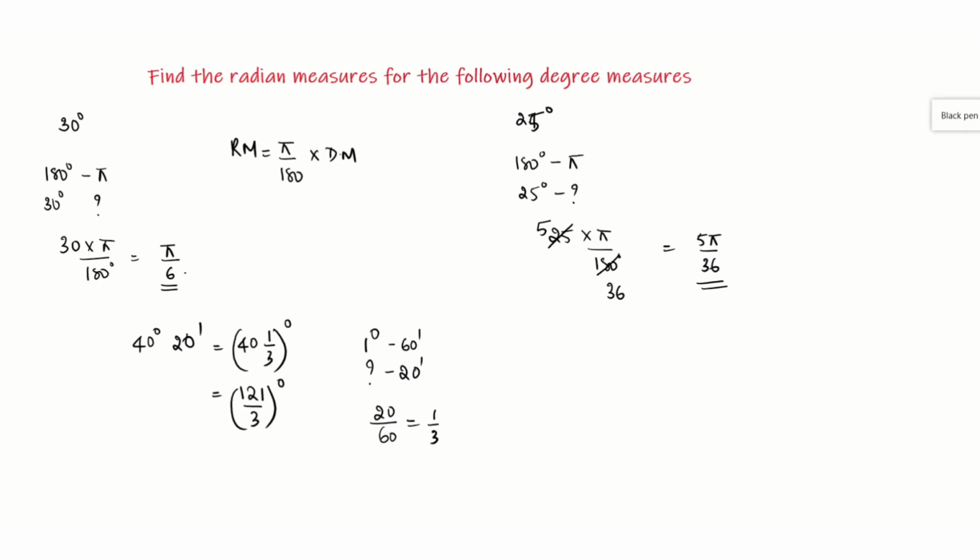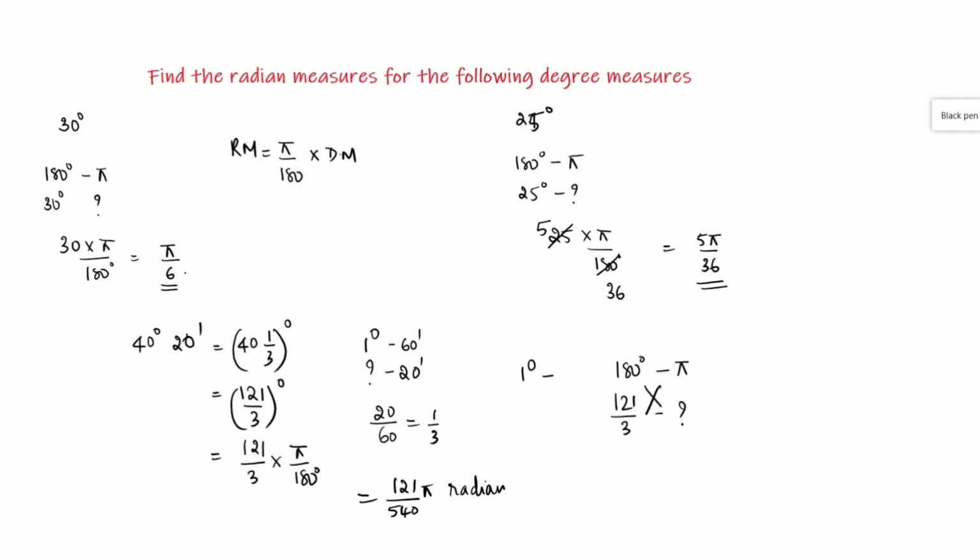Now let us convert this into radians. So we have 180 degrees is equal to pi radians. 121 divided by 3 is how many radians? We simply cross multiply. Our answer will be 121 divided by 3 into pi divided by 180 degrees, and that will be equal to 121 divided by 540 pi radians.